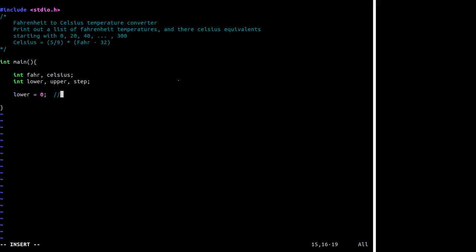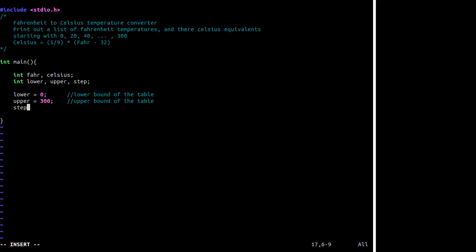So I'm going to declare lower to be 0, because that is the lower bound of the table. And then upper, you may have guessed, is going to be 300, because I'm going to tab this over so they're all in the same line, because I'm anal retentive like that. The upper bound of the table, and then step.